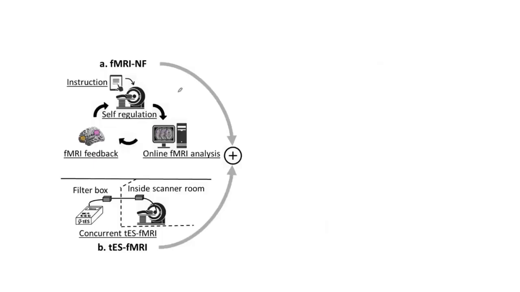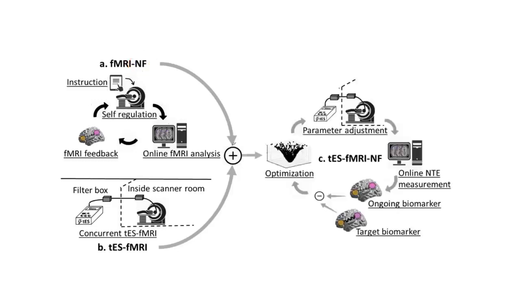The idea that we have right now is doing the stimulation inside the scanner and combining that with what we call neurofeedback: recording what is happening, giving the subject feedback, and then recording again, trying to improve the connectivity. We are combining them together in what we call TS fMRI neurofeedback.